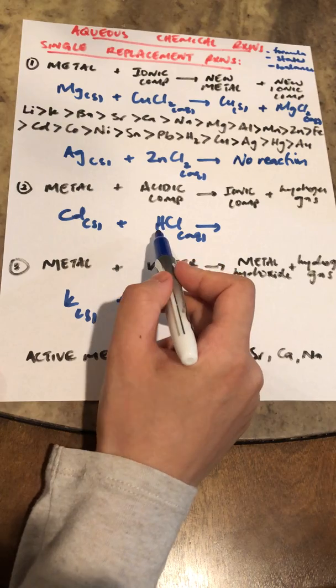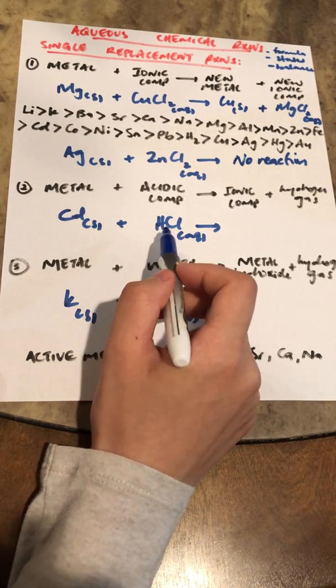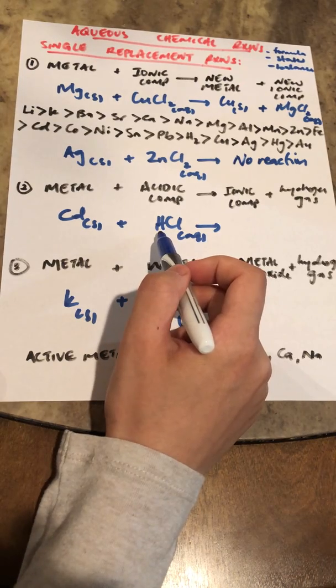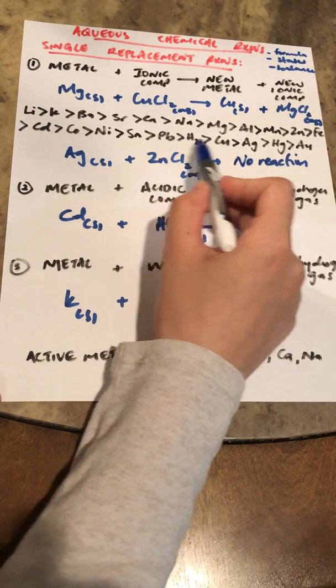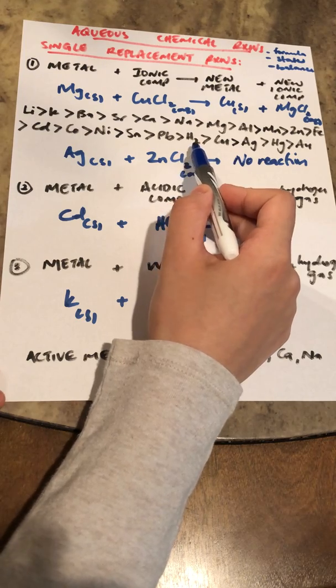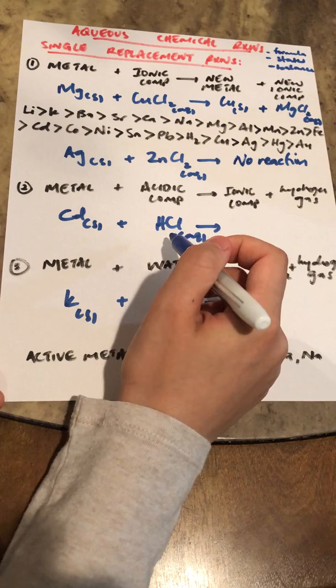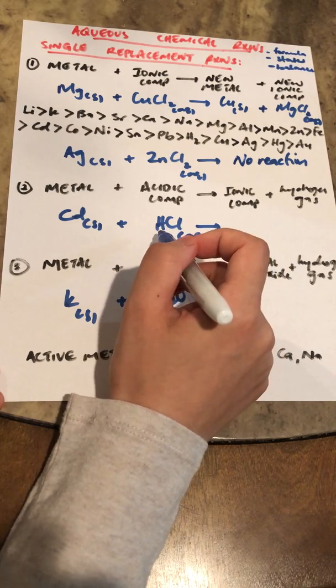Now here's the thing, hydrogen is not a metal, we all know it's a non-metal. However, it does act like a metal, and it is actually part of this list. It's listed over here as H2 gas. Because it's positively charged, we do consider it as if it was a metal.